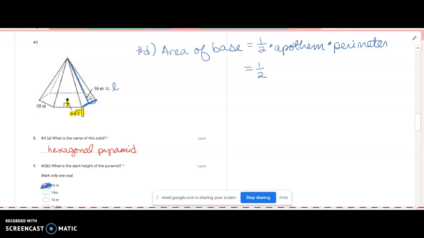We know that the apothem always goes from the center of the shape and then is perpendicular to the edge of the shape, so you didn't have to calculate that on this one. And then your perimeter of your base is 10 for each side times, looks like 6 sides.